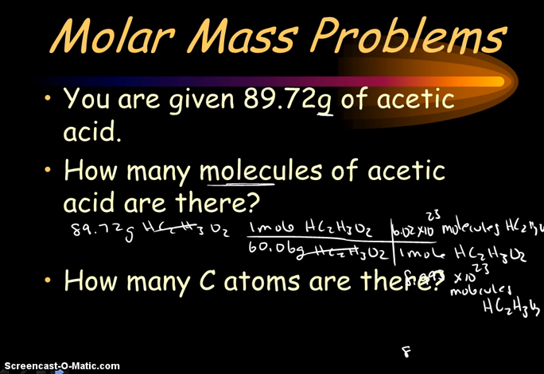So let's say the next question says, how many carbon atoms do we have? Well, if we look at our formula for acetic acid, for every 1 acetic acid, there are 2 carbons.